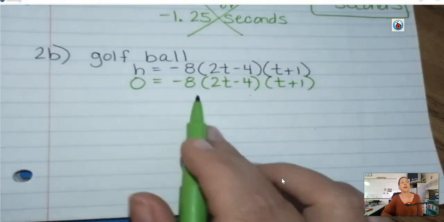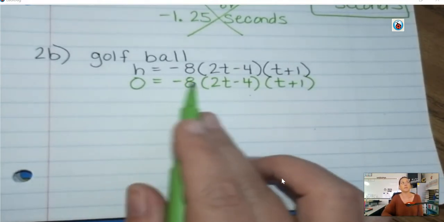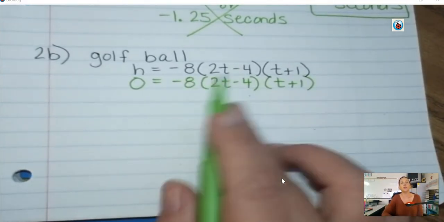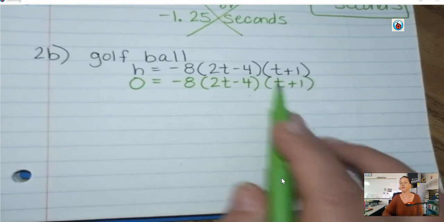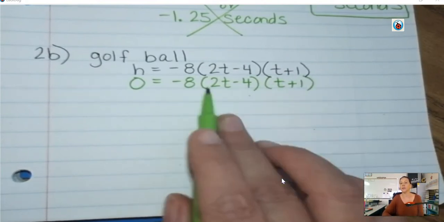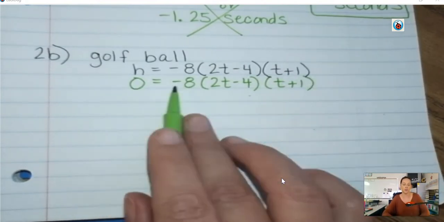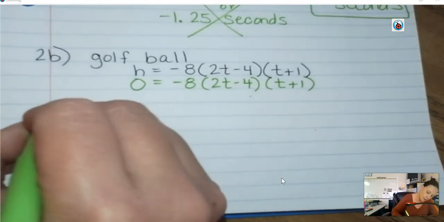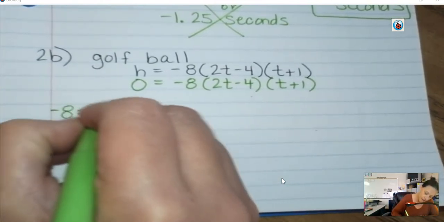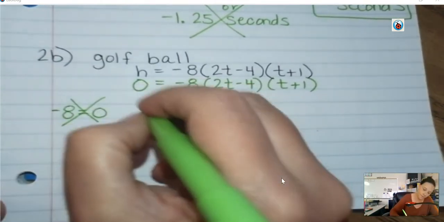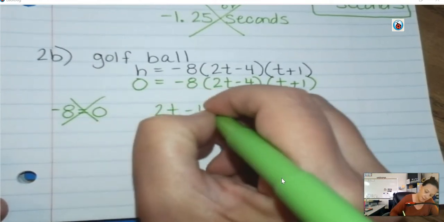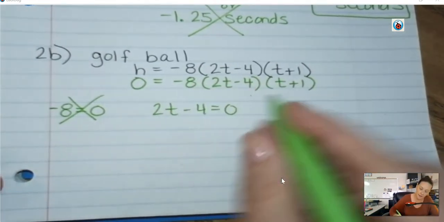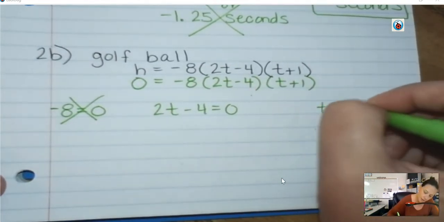There are 3 factors. Negative 8 is a factor, 2t minus 4 is a factor, and t plus 1 is a factor. So this one has 3 things being multiplied to be 0. Take each factor and set it equal to 0. Negative 8 equals 0 doesn't make sense. 2t minus 4 equals 0, I'll solve that in a second. And then t plus 1 equals 0.